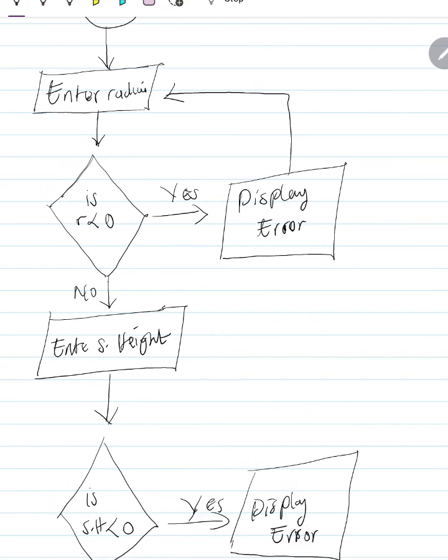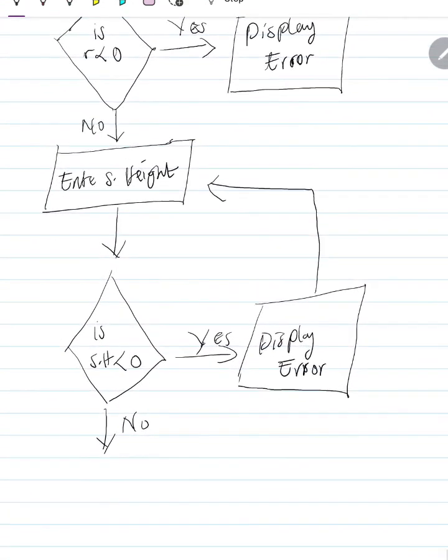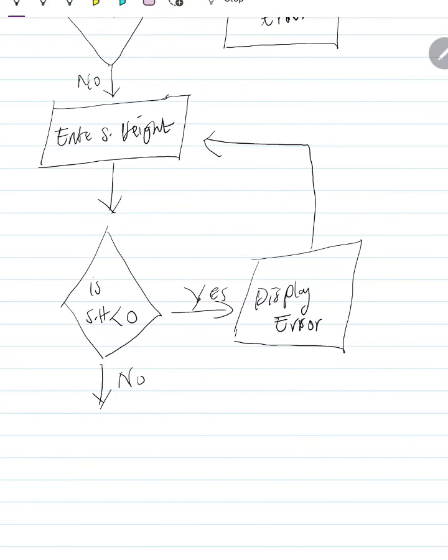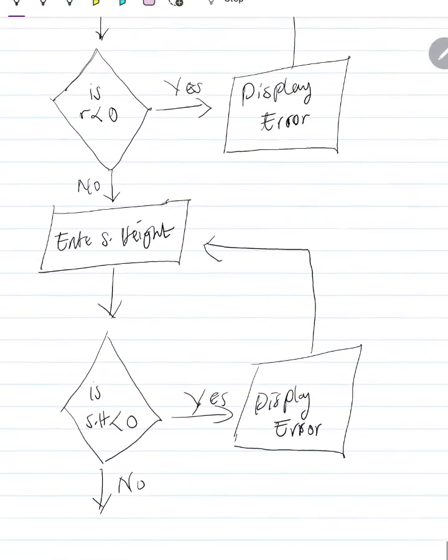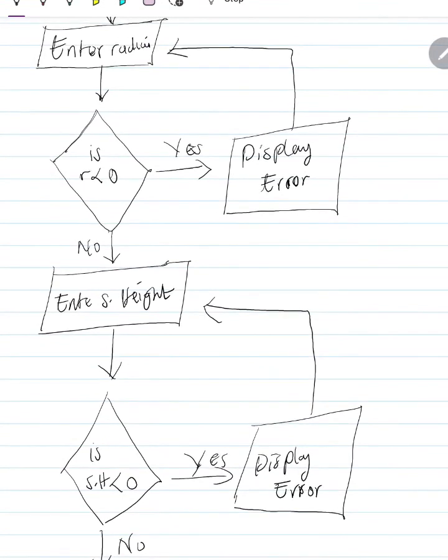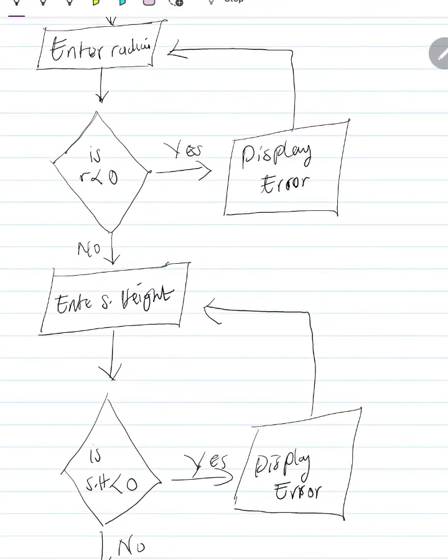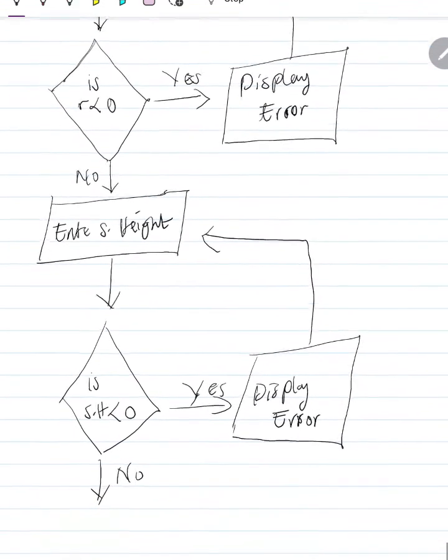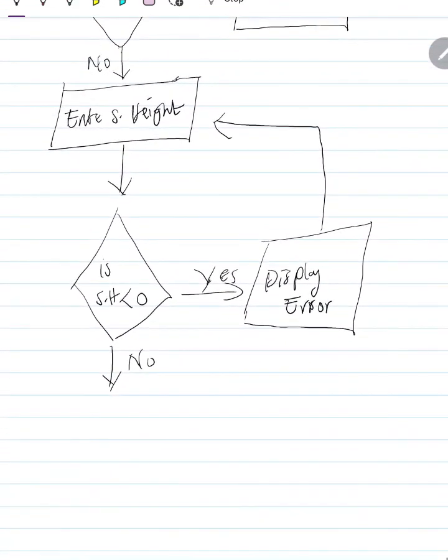Okay, so you display error, and if you display error, you still want to calculate the area, so you have to re-enter the height. Okay, now the flow from the top here, if you enter the radius and it is not less than 0, you enter the height, and it is not less than 0, you calculate your area.